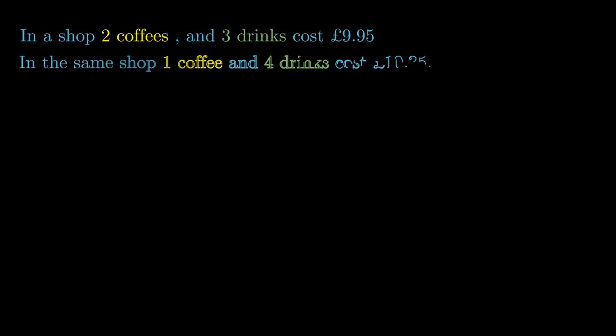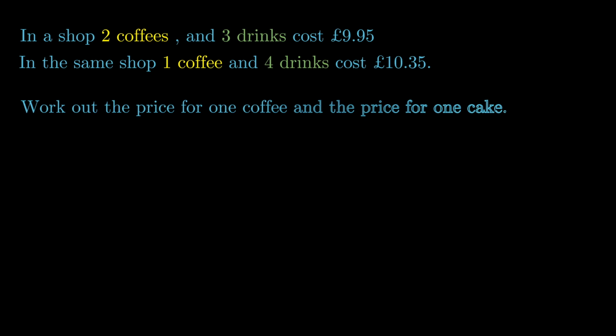In this example, it says, in a shop, 2 coffees and 3 drinks cost £9.95. In the same shop, 1 coffee and 4 drinks cost £10.35. So we have to work out the price for 1 coffee and the price for 1 drink. And that should say drink and not cake, by the way, just an error. The first step is to construct a pair of simultaneous equations, and we can do this by looking at the first line.